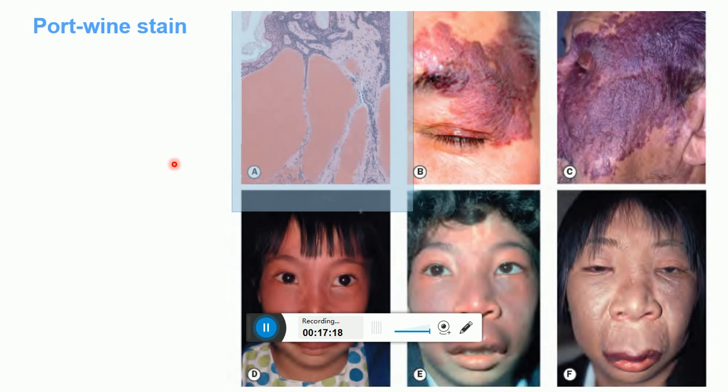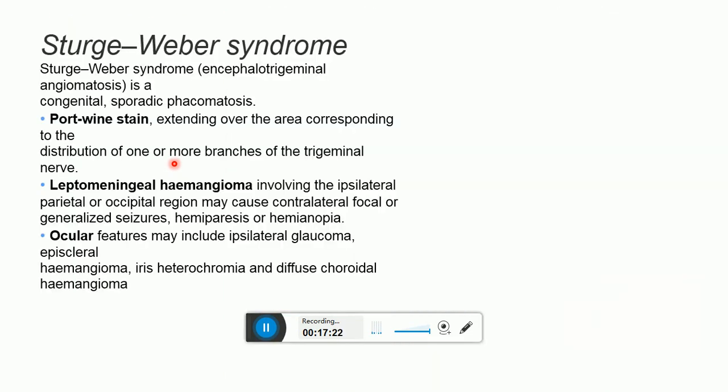So the association is Sturge-Weber syndrome, also known as encephalotrigeminal angiomatosis. It is a congenital sporadic phakomatosis. The signs and symptoms are a port wine stain, which extends over the area of the trigeminal nerve.